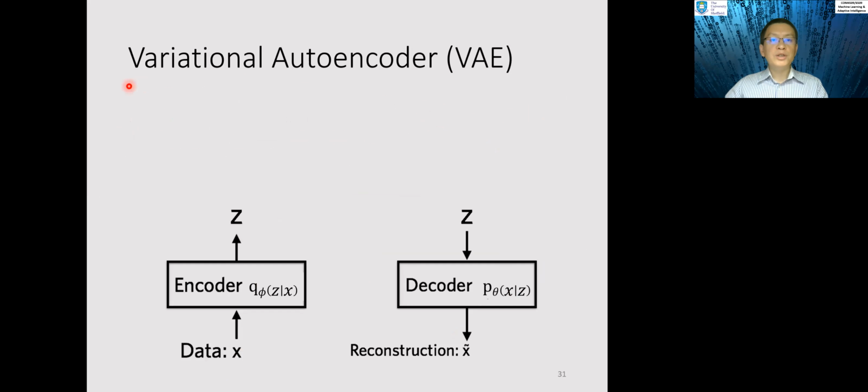A variational autoencoder looks like a regular autoencoder in terms of the encoding and decoding structure.